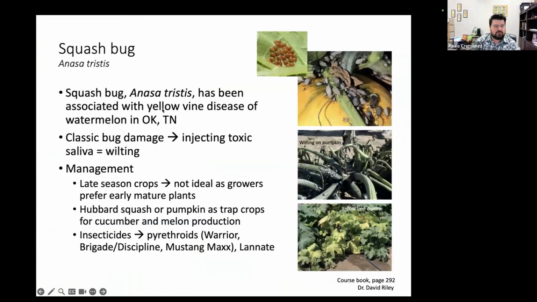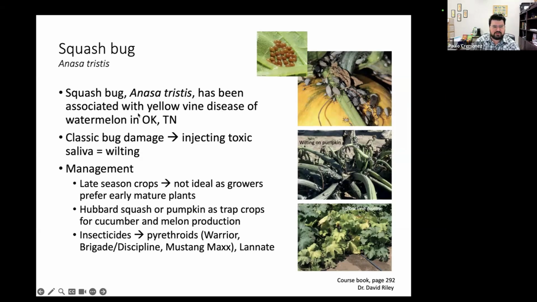Okay. So I started talking about squash bugs. The different squash bug species are Anasa tristis and Anasa armigera. Anasa armigera is also called horned squash bug. It is prevalent in South Alabama in the summer, but the main species is Anasa tristis.